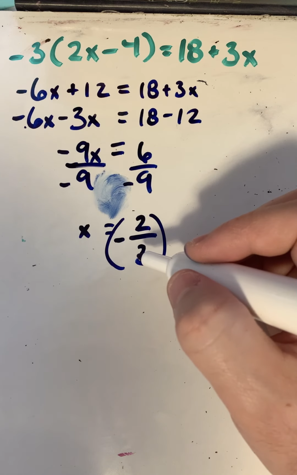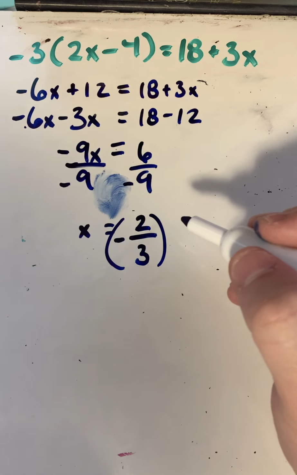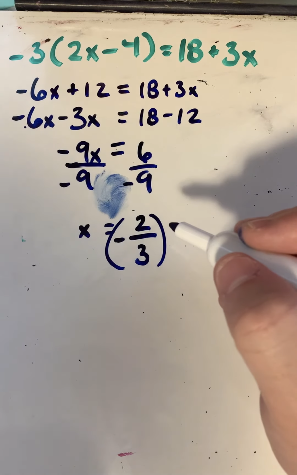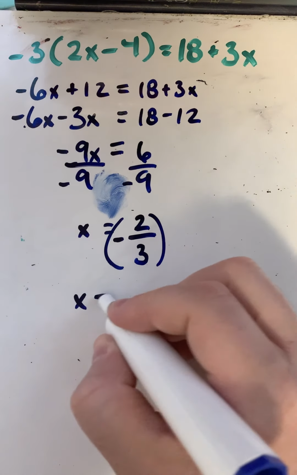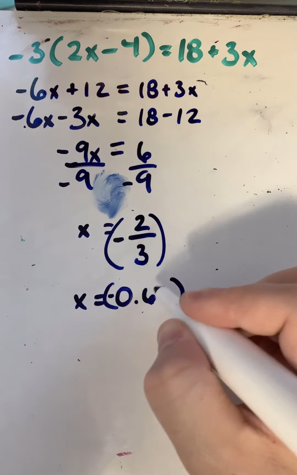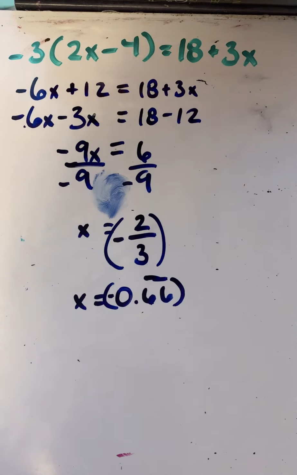Or if I want to, I can say, what is 6 divided by negative 9? What did you guys get? Negative 0.66 with the continuation, or negative 0.6 repeating. Okay, so hopefully you got that.